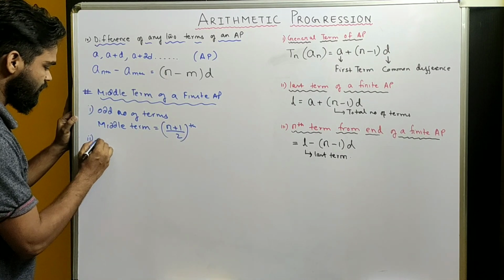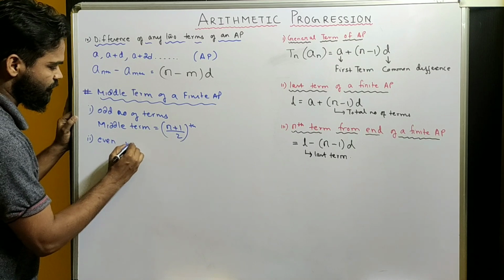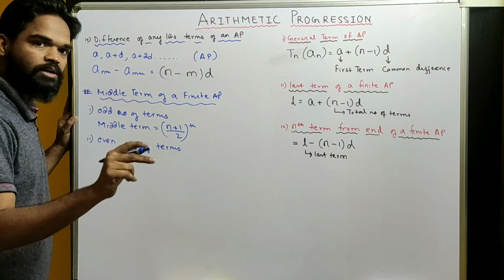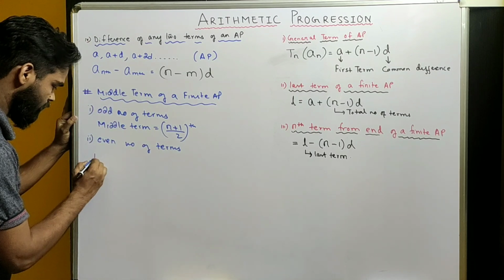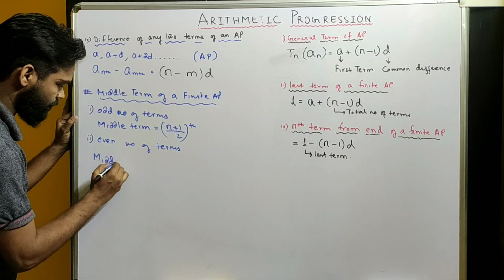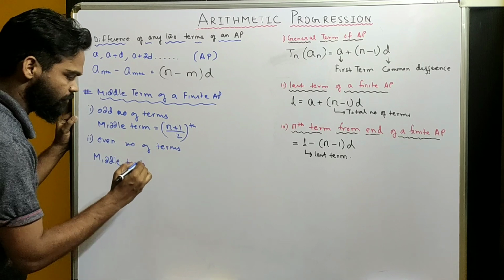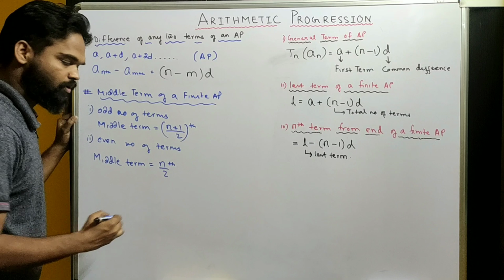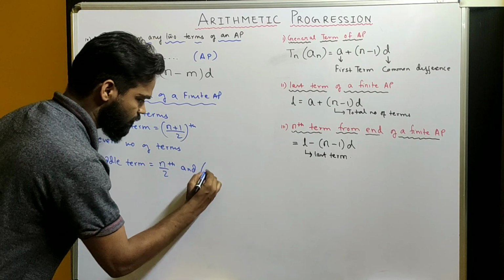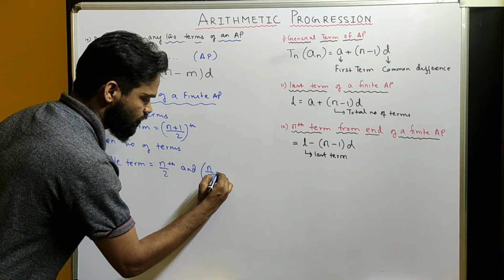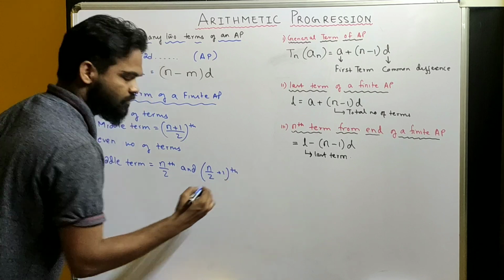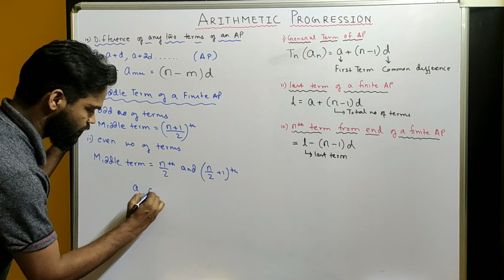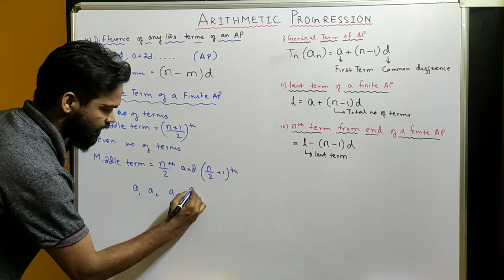Similarly, if you have an even number of terms, then there will be two terms in the middle. The middle terms will be the n by 2th term and the (n by 2 plus 1)th term. What do I mean? Suppose you have a1, a2, a3, a4.